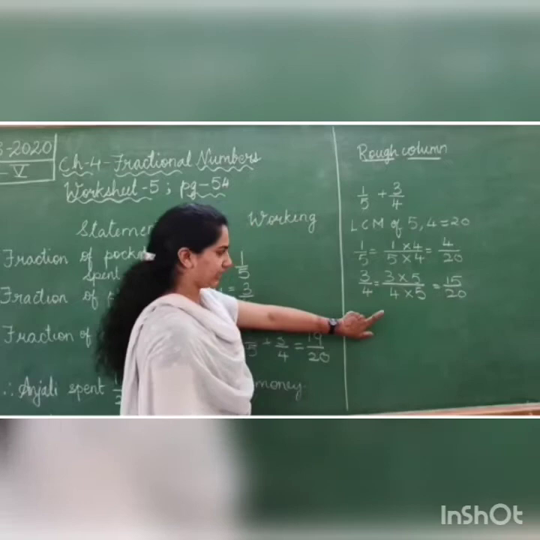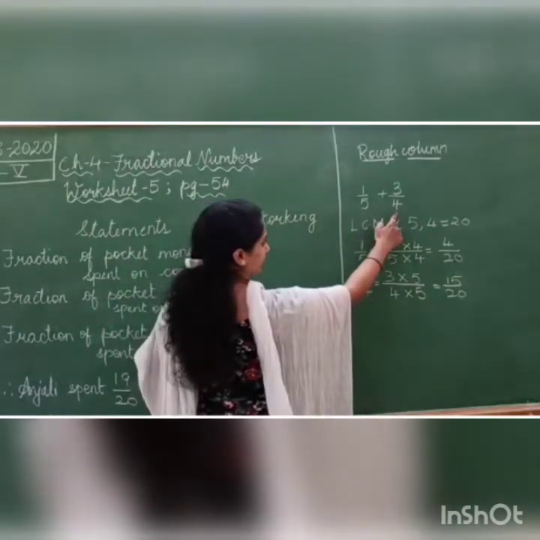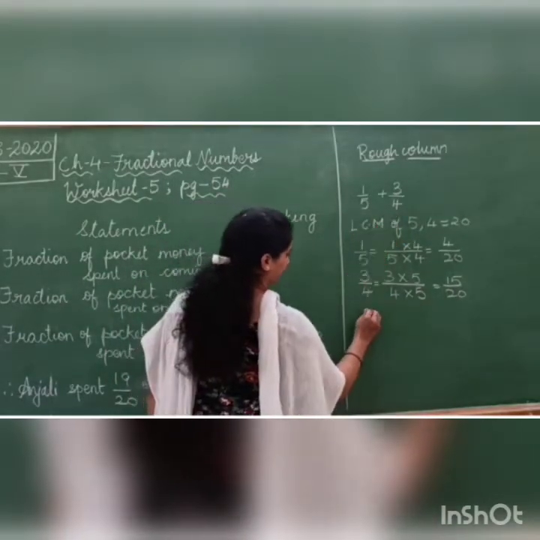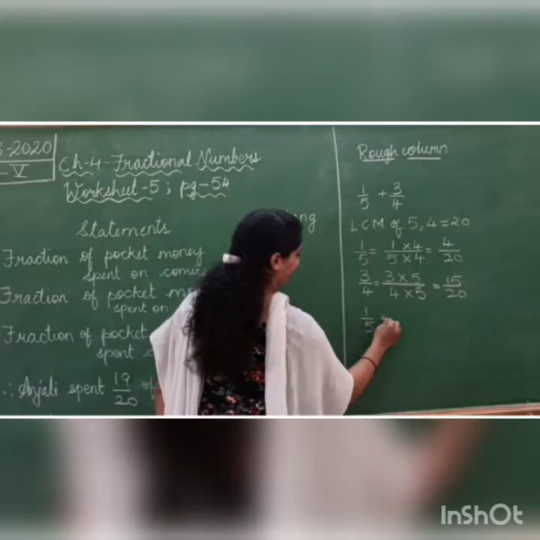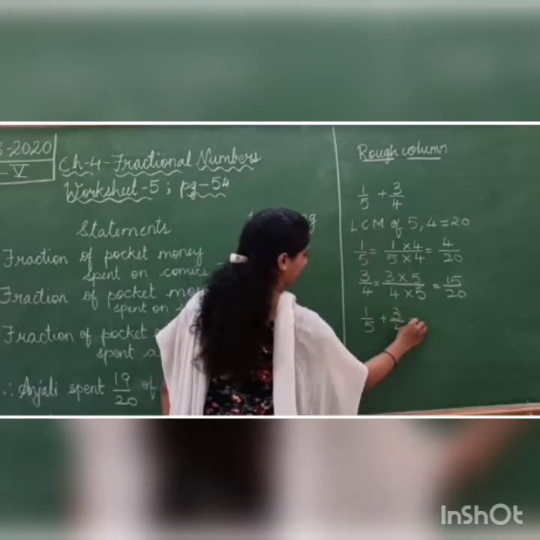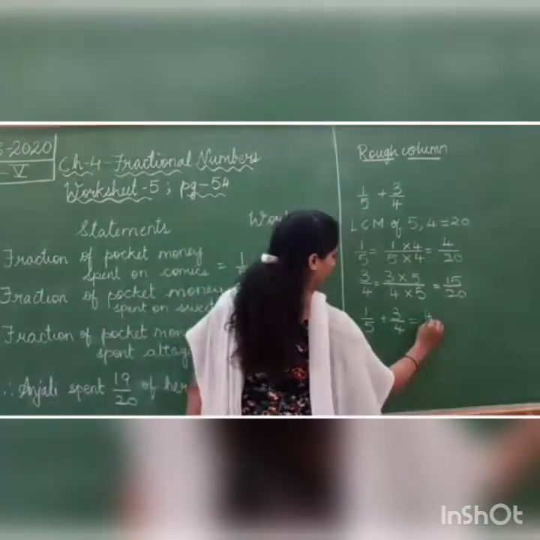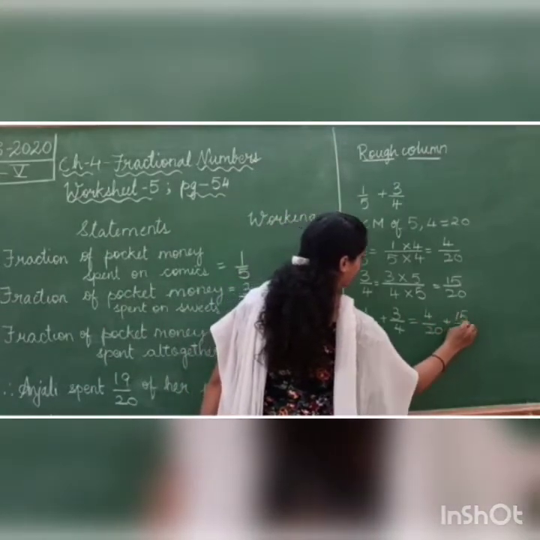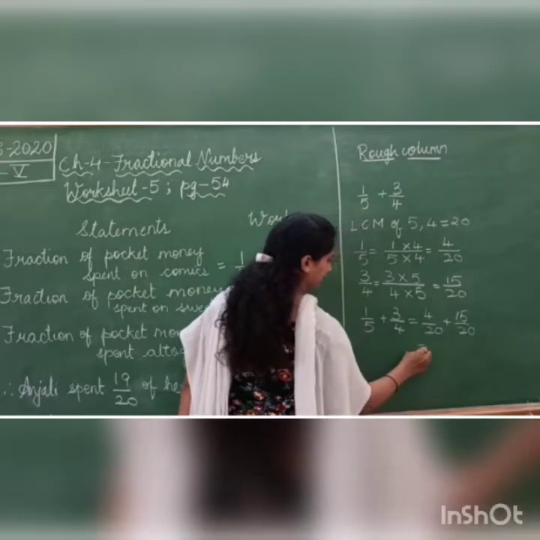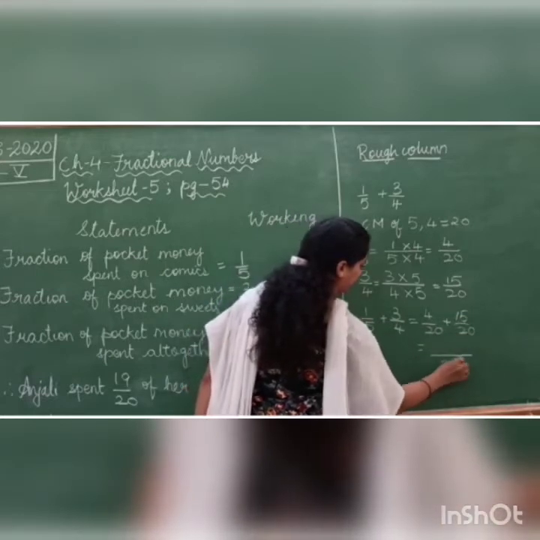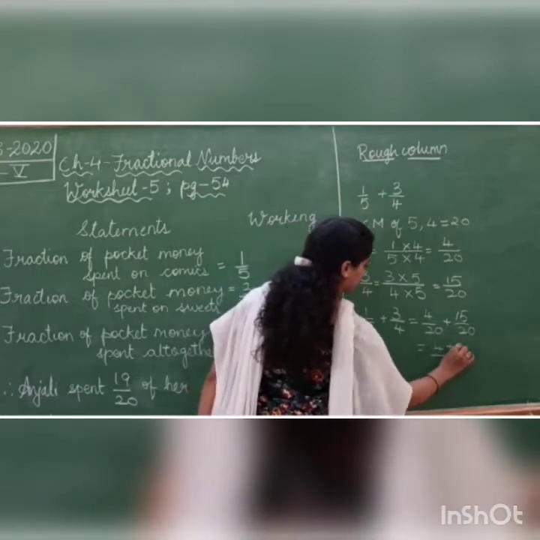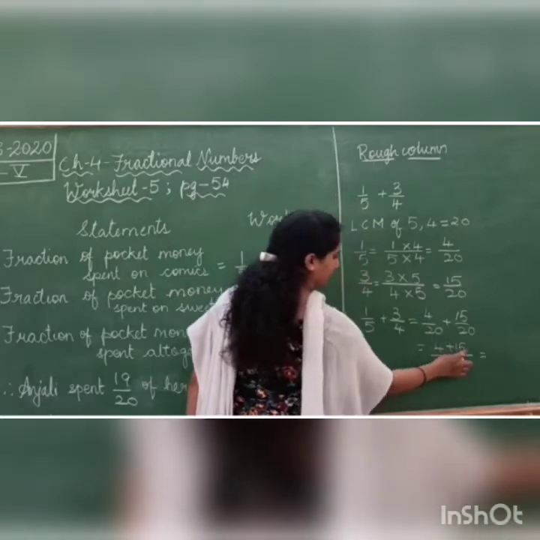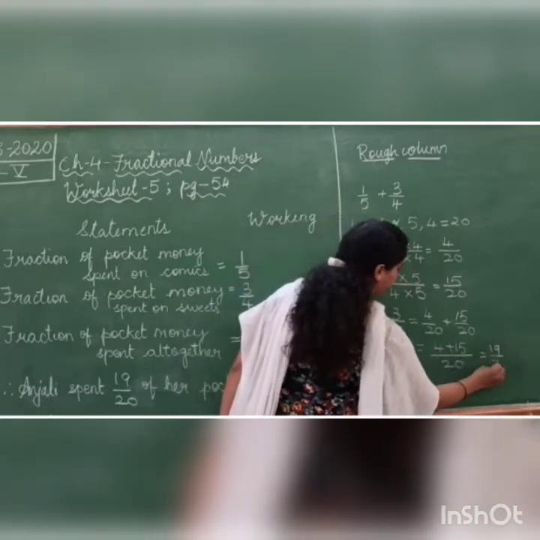What is my actual aim here? Conversion of like fractions and adding them. These I have converted as 4/20 and 15/20. When the denominators are same, I can directly add the numerators. 4 plus 15 is nothing but 19/20.